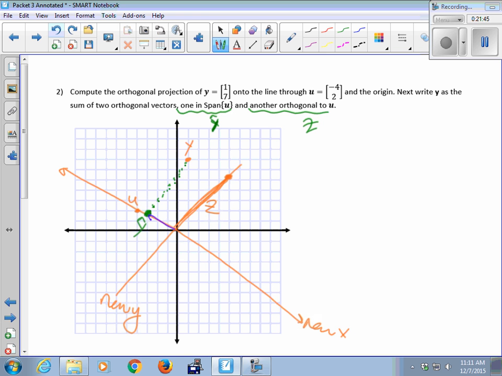Y hat plus z. Remember, how do you add vectors? Tip to tail. So y hat plus z gets you to y. That's what we're trying to do. If you moved y hat up to the tip of z, it's going to land you back at y. So that's my goal. I want to rewrite y as y hat plus z.